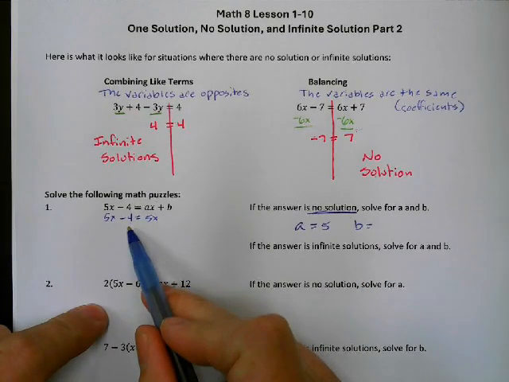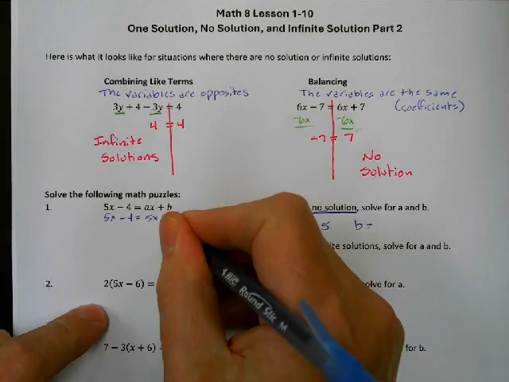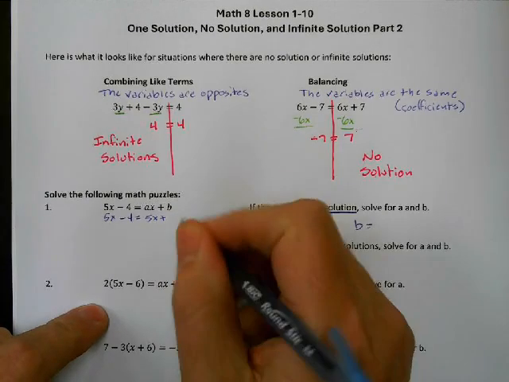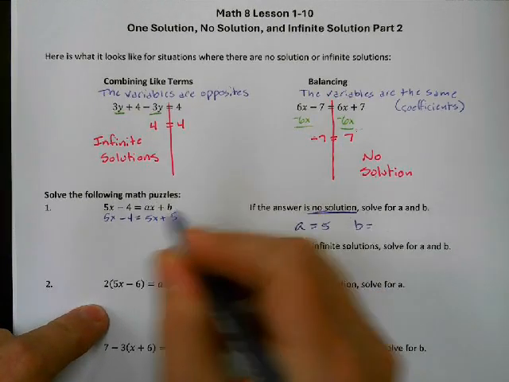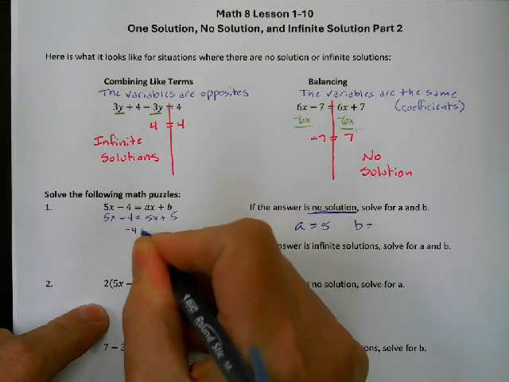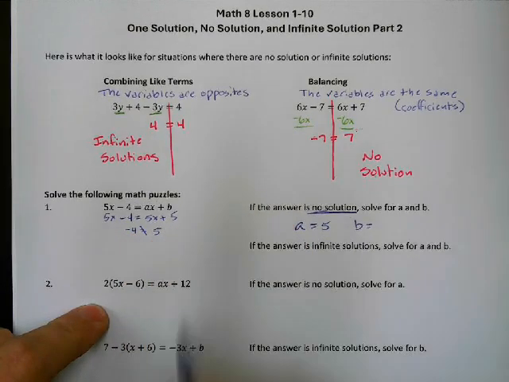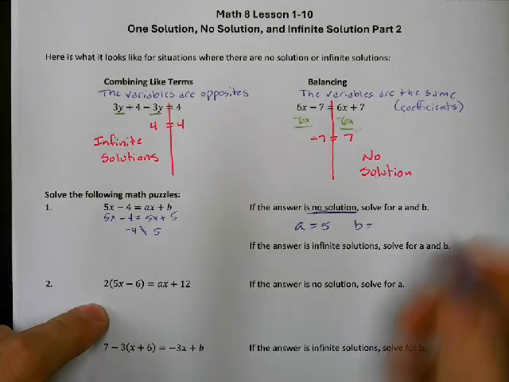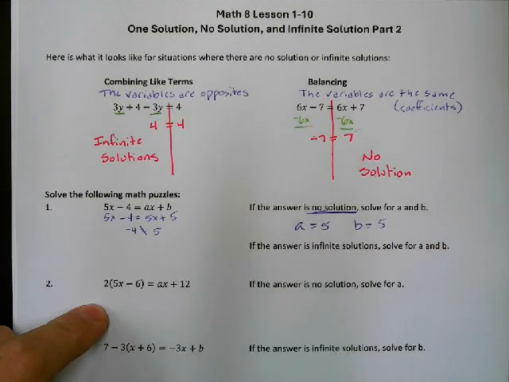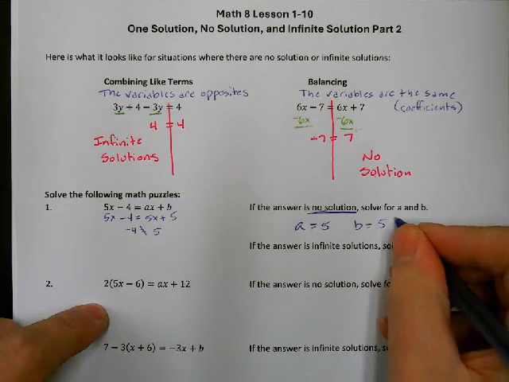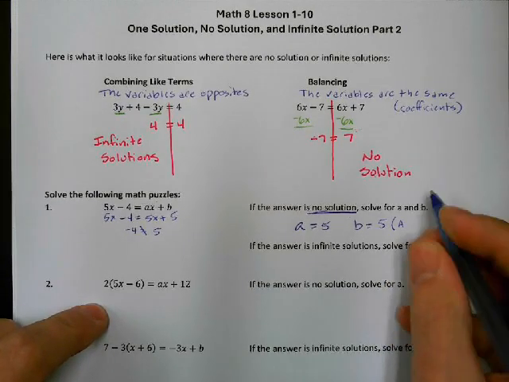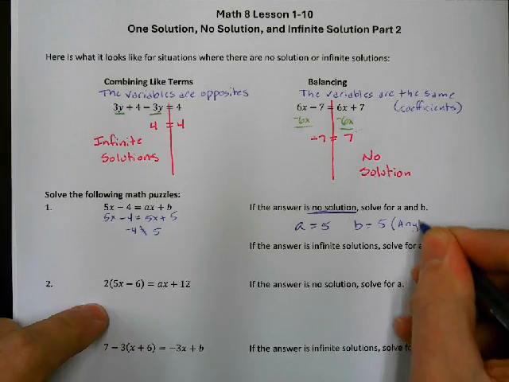Anything but negative 4. So let's just put in 5. Negative 4 is not equal to 5, so this would be no solution. So a b value that would work would be 5. 5 also works. Basically, we're saying anything but negative 4.